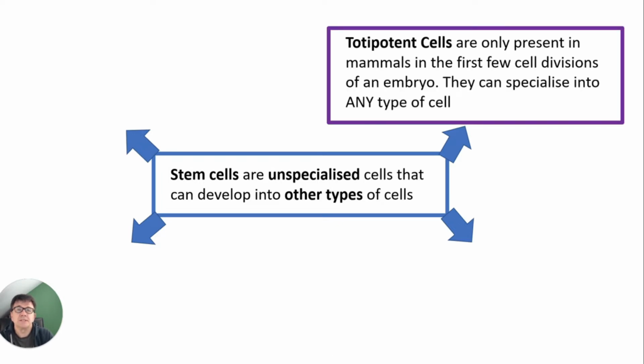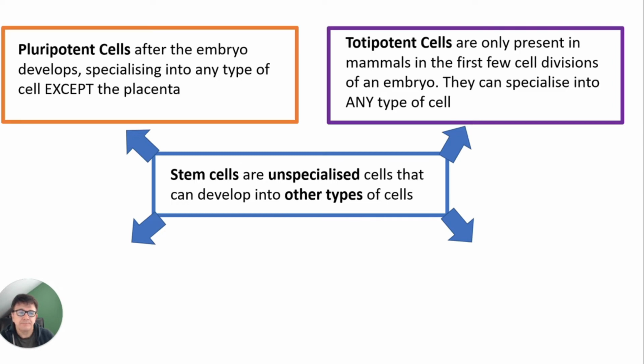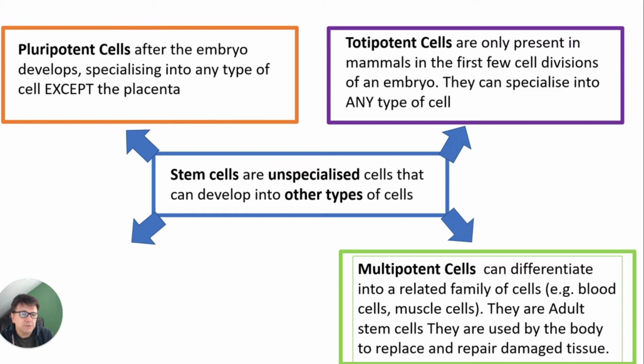The first is totipotent cells. They're only present in mammals in the first few cell divisions of an embryo, and they can specialize into any type of cell. The second one is pluripotent cells, after the embryo develops, specializing again into any type of cell except the placenta. And then multipotent cells, they can differentiate into related families of cells.